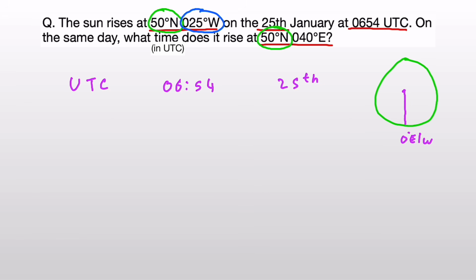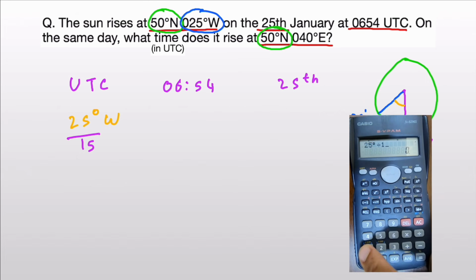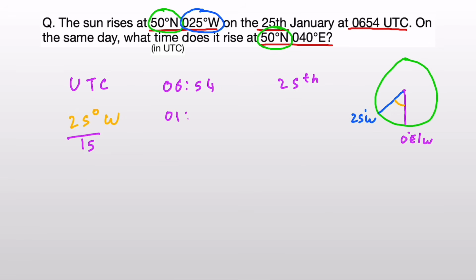What is the longitude? It is 25 degrees west. West is on this side. This is 25 west. So what will be the angle? Angle is 25 degrees because longitudes. So 25 degrees west. I divide it by 15 to get the hour angle. So my hour angle comes out to be 1 hour 40 minutes.